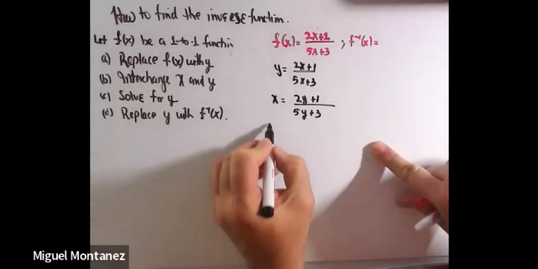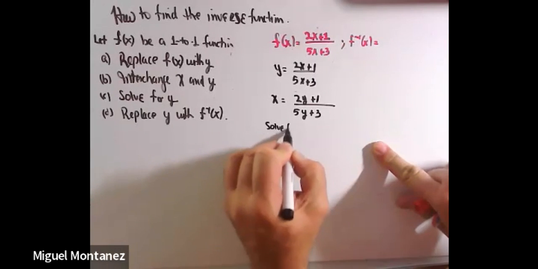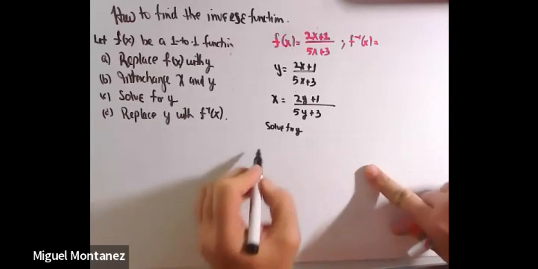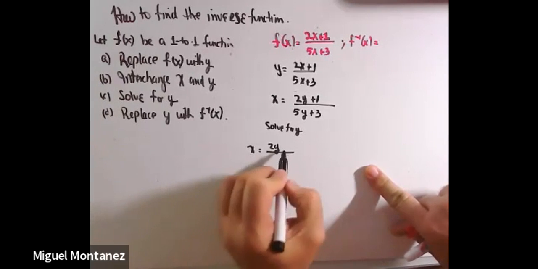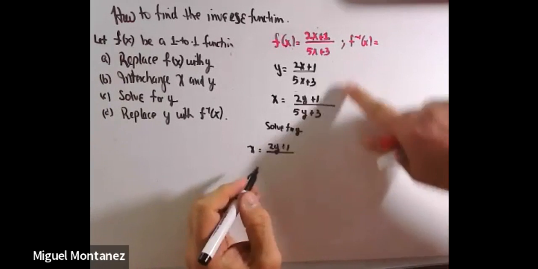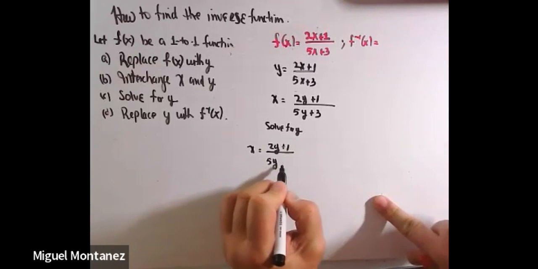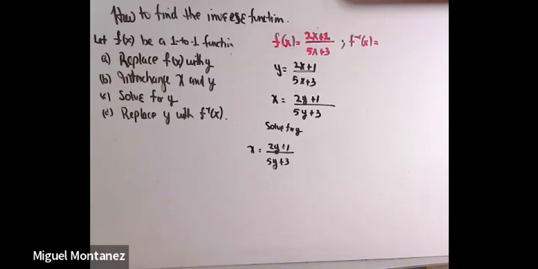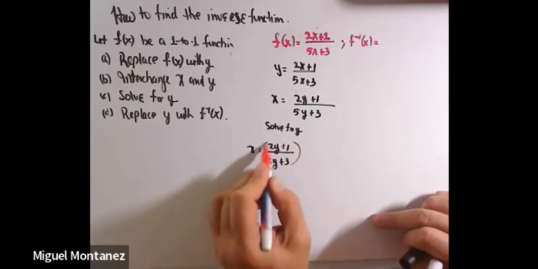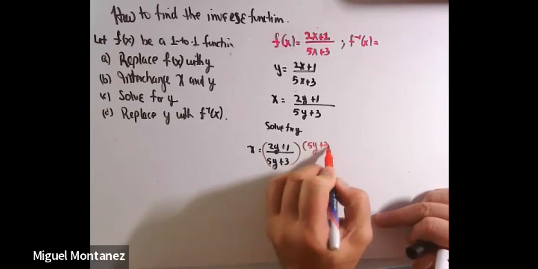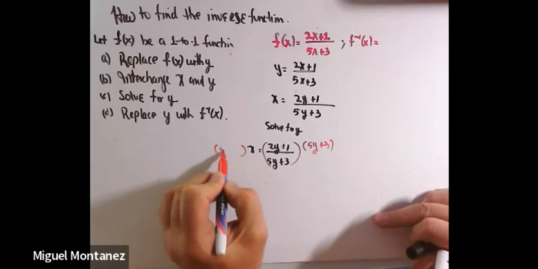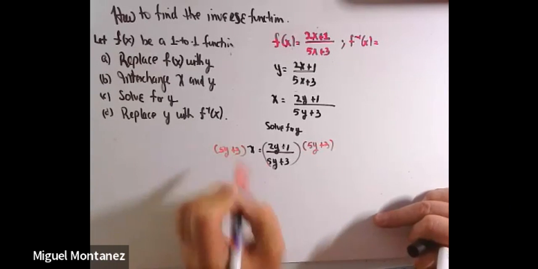And we need to solve for y. So we have x equals 2y plus 1 over 5y plus 3. We must multiply by the LCD. So far, so good. It's all the same. 5y plus 3, 5y plus 3.